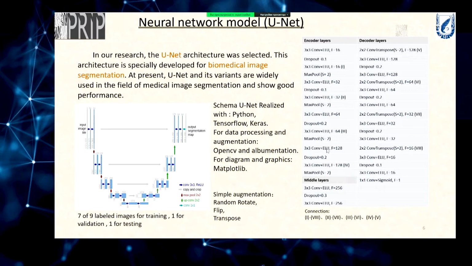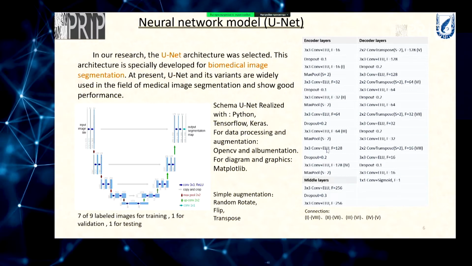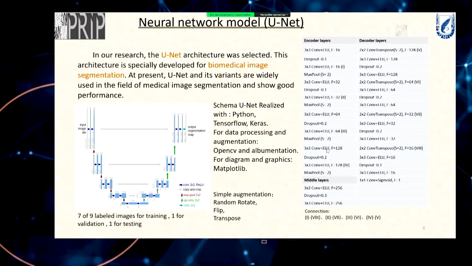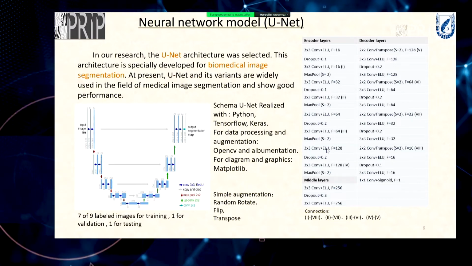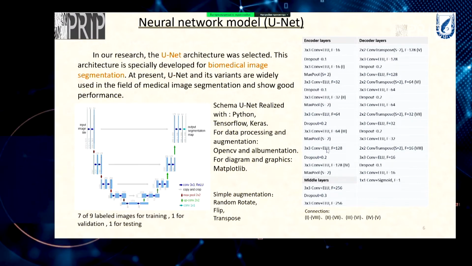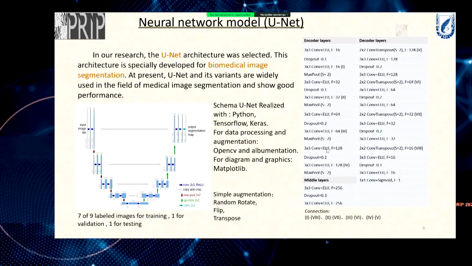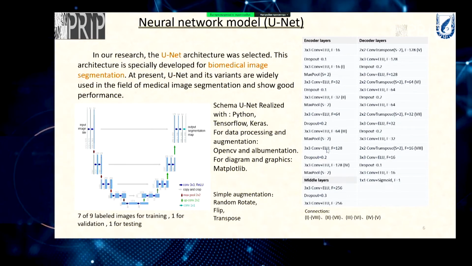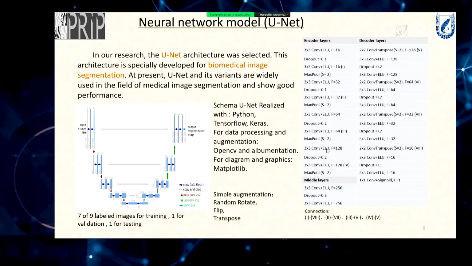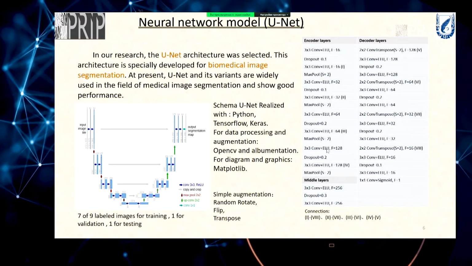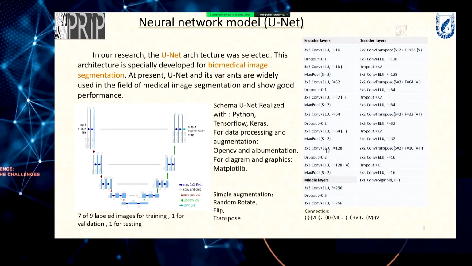It is well known that UNET architecture is specially developed for biomedical image segmentation in 2015. UNET and its variants presently are widely used in the field of medical image segmentation.